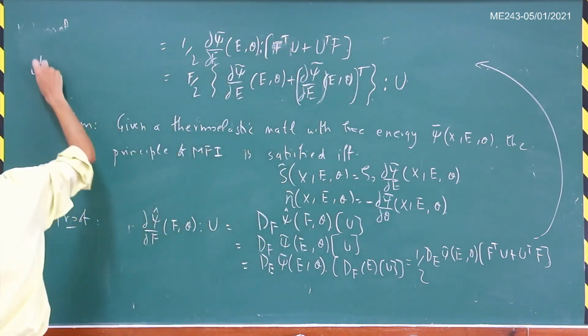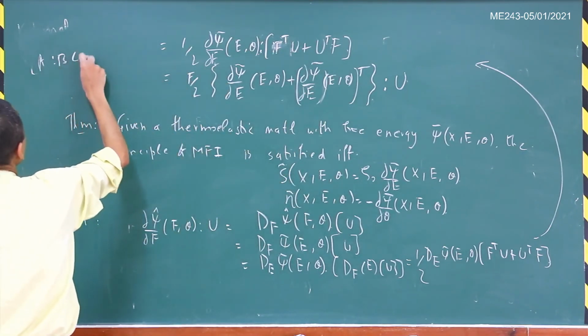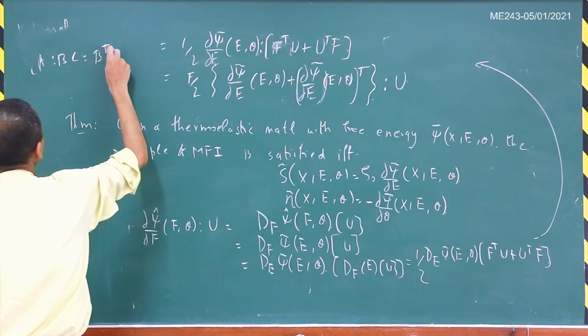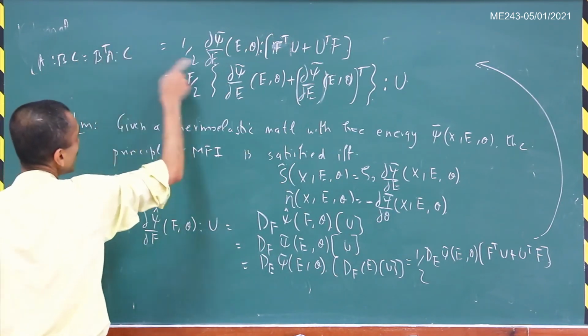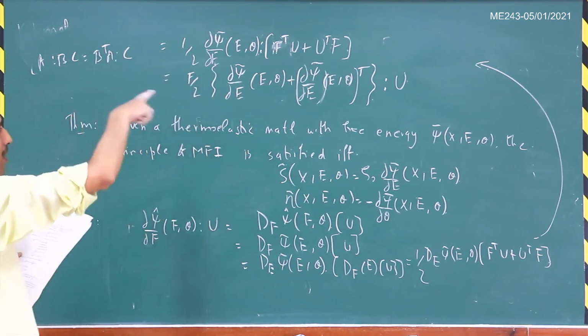Basically we are writing A, BC is B transpose A matrix inner product C, and these kinds of properties we have already seen.